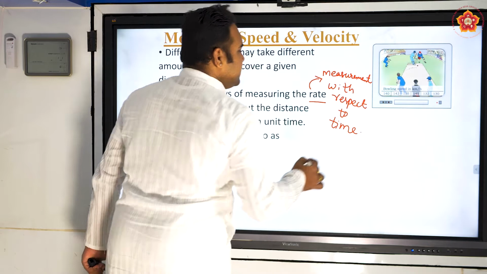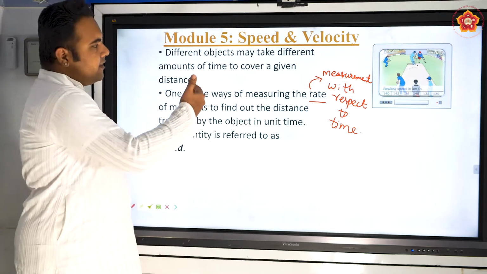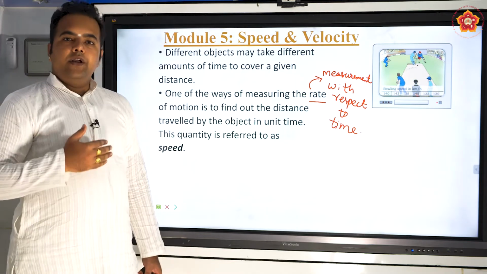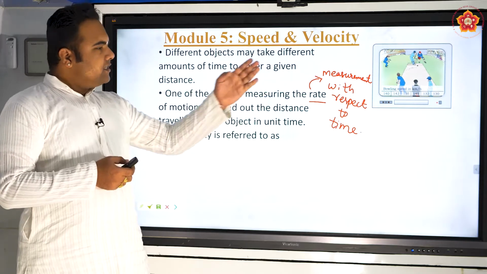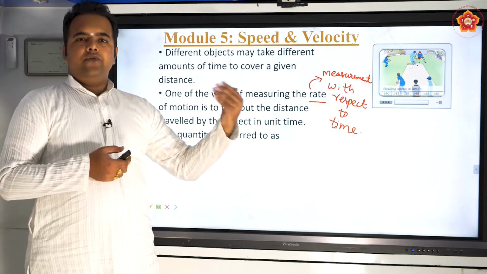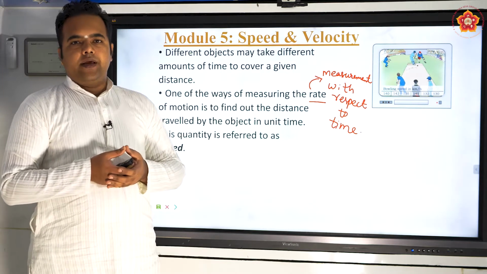Whenever we see this term called rate, it is always to be understood as the measurement that we do with respect to time. Rate of change of distance, for example, is how distance varies with time. Rate of change of temperature, for example, is how temperature varies with time.